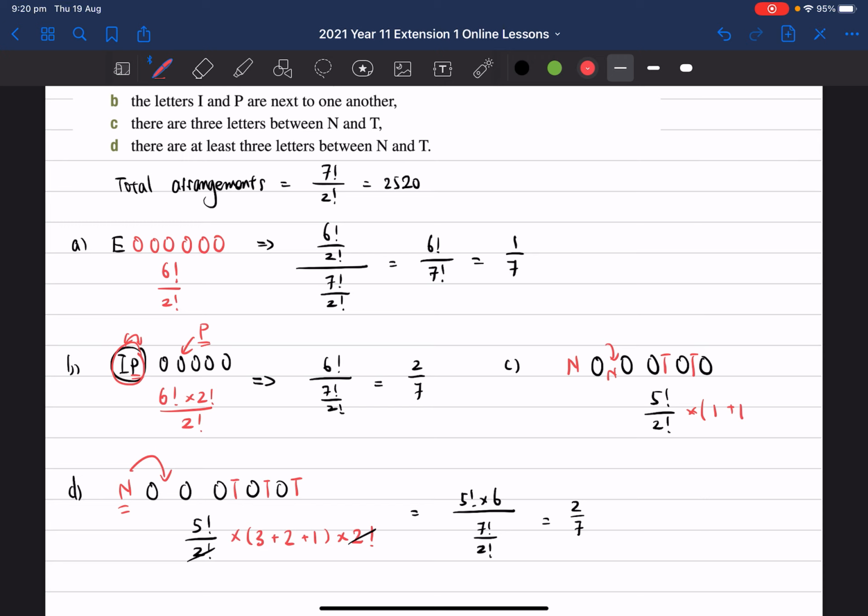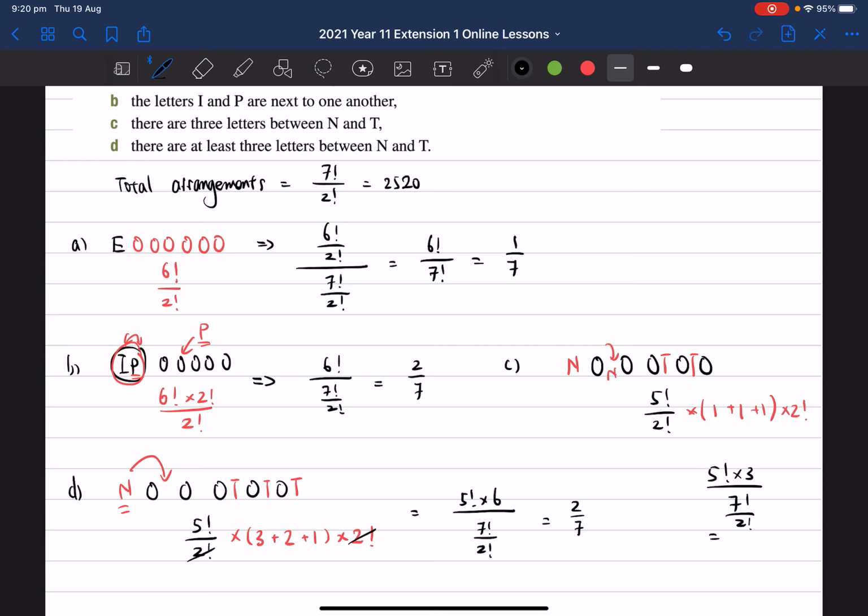If we keep going, that's the number of arrangements where there are 3 letters between N and T. If we simplify this, that gives us 3 times 5 factorial. So the probability is 5 factorial times 3 over 7 factorial over 2 factorial. Okay, let's have a look.